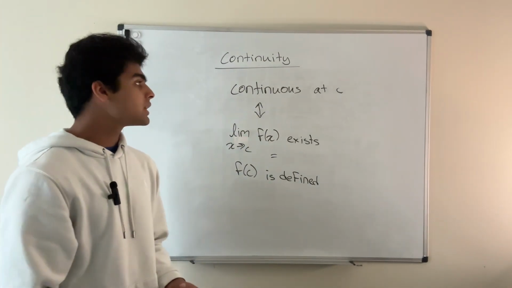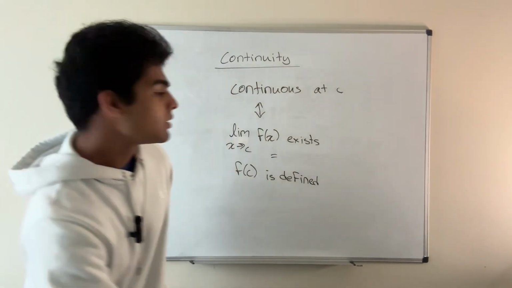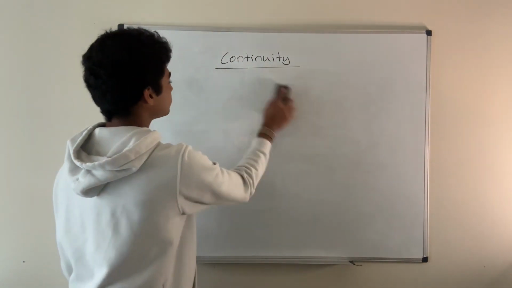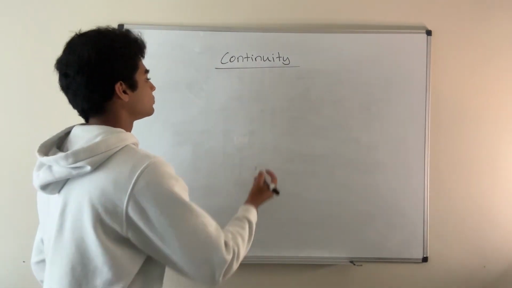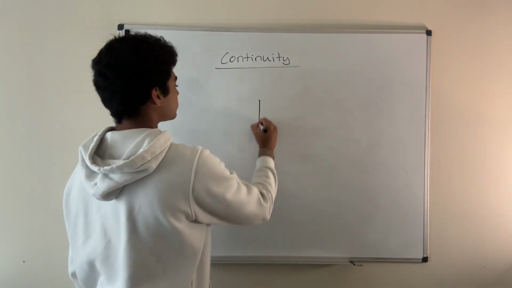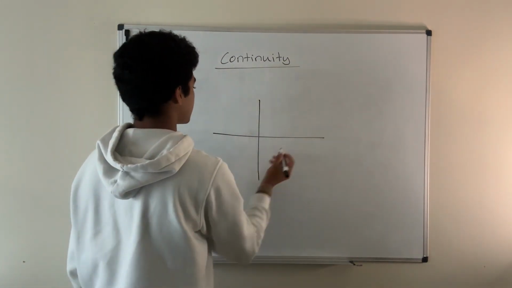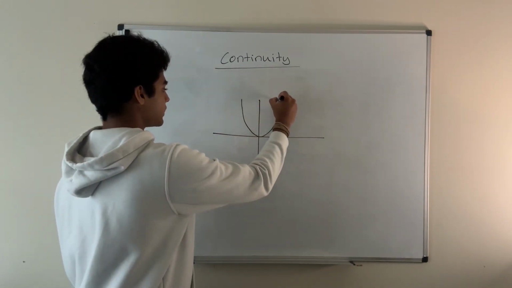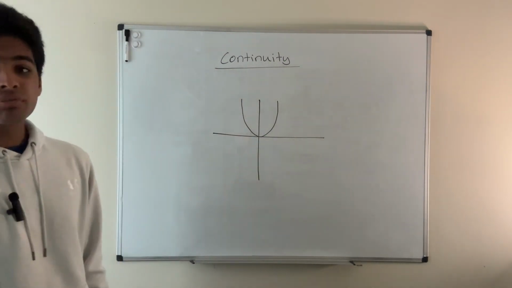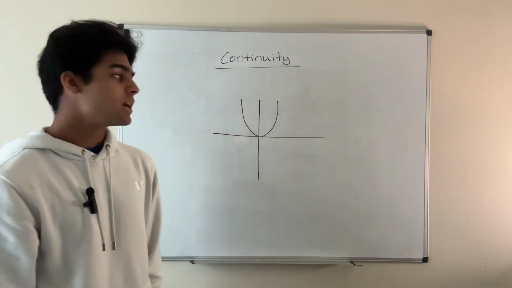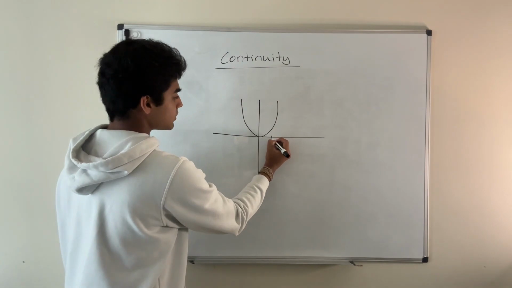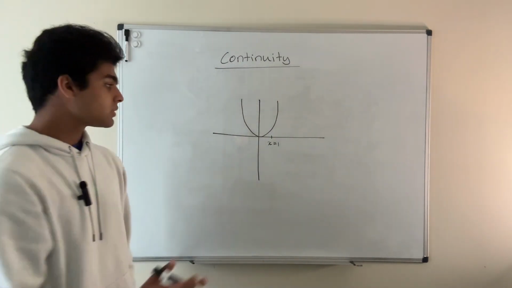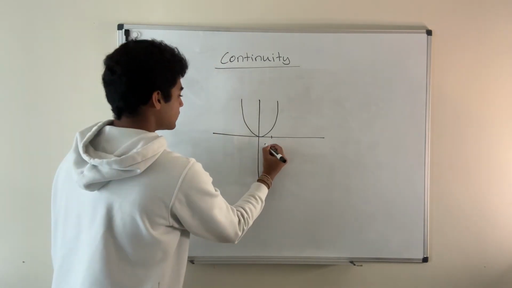Now this looks pretty complicated, but let me try to break it down. Suppose we have the graph x squared, and we want to find out if the function is continuous at x equals 1.